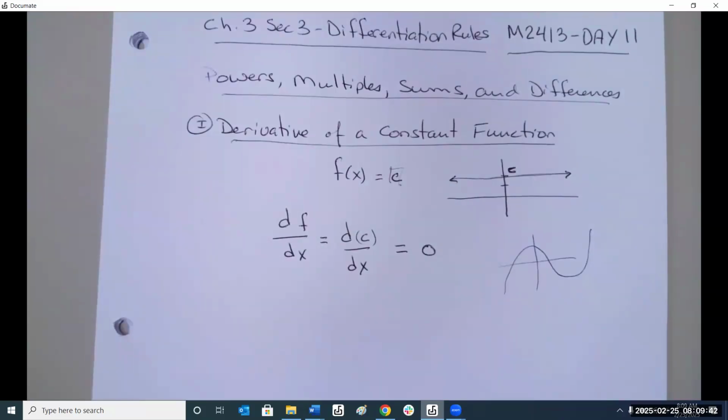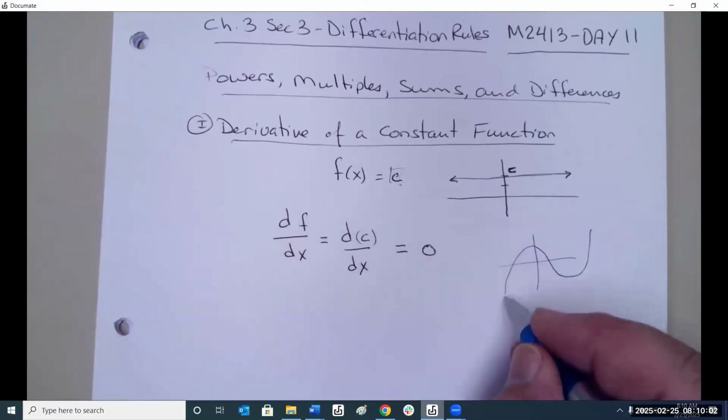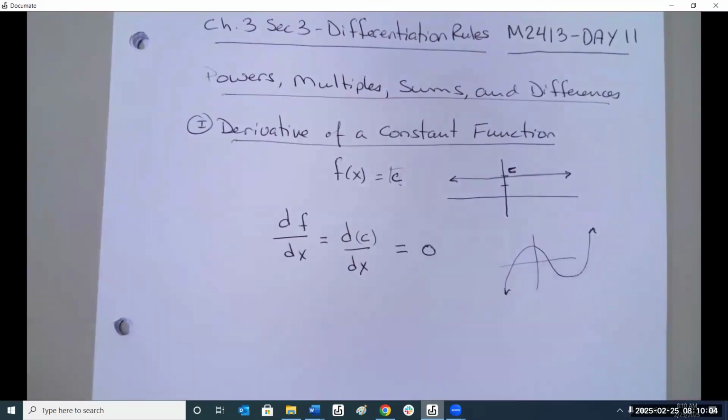At what points is the slope 0 on this function? Where are they located? And what's another name for them at those points? Not the x-intercepts. This thing goes on forever and ever.